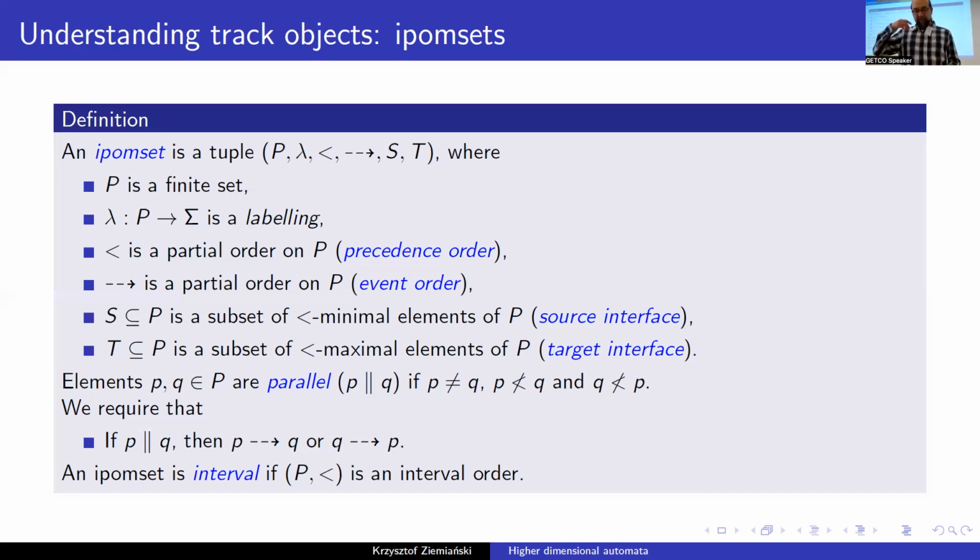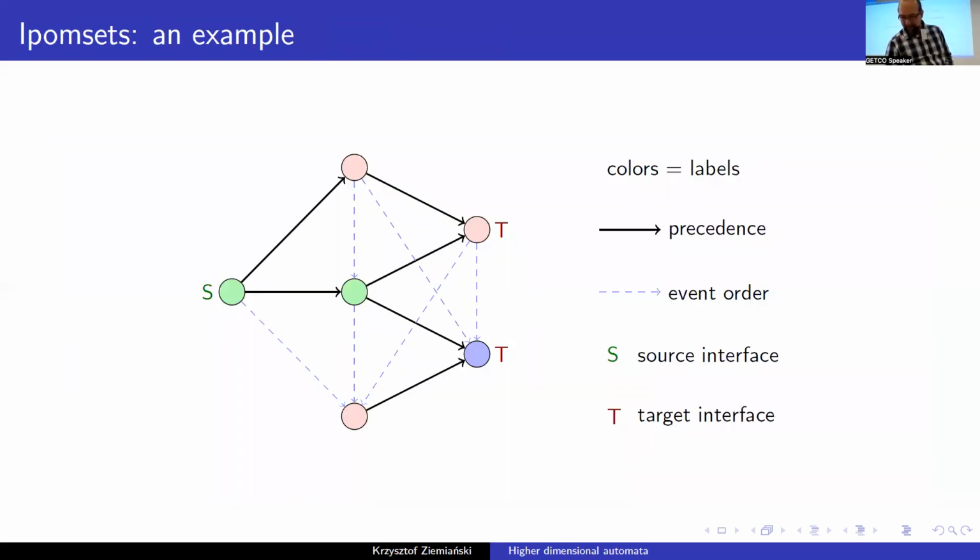And then we restrict to interval ipomsets. It means that a poset is interval if it has an interval representation. And here we have an example of an ipomset. You have elements and labeling, which is marked with colors, and thick arrows mean precedence, but there is an event order, and there are source interfaces and target interfaces.